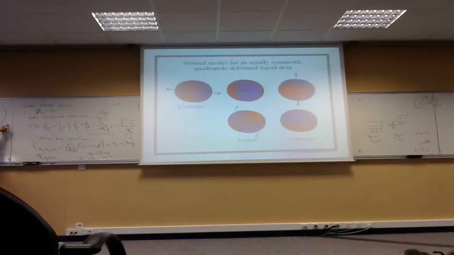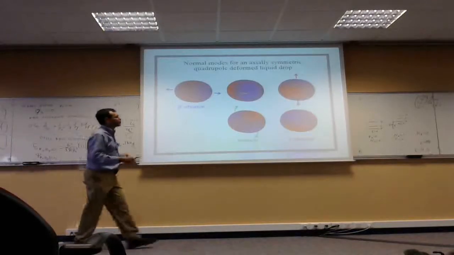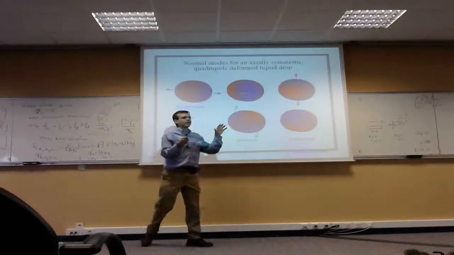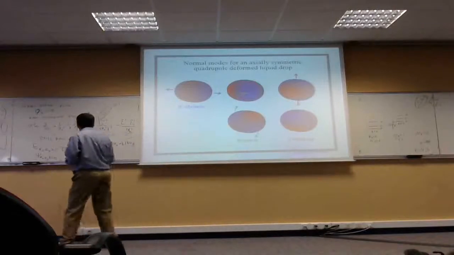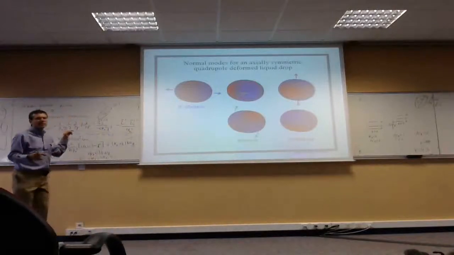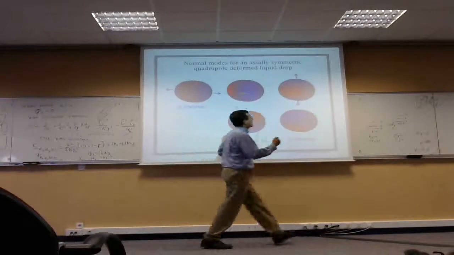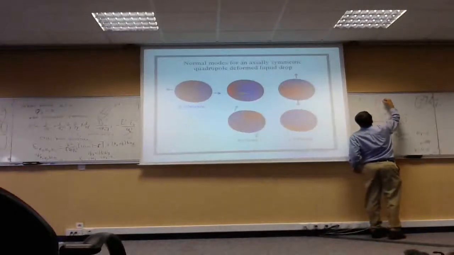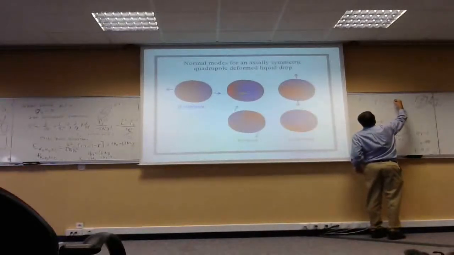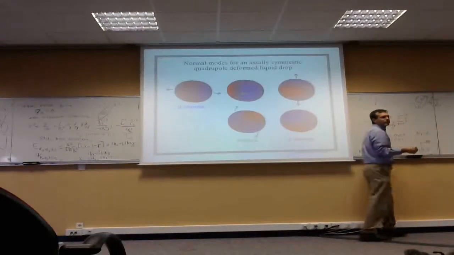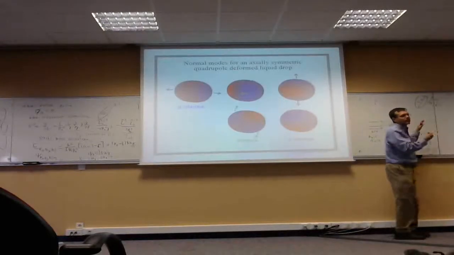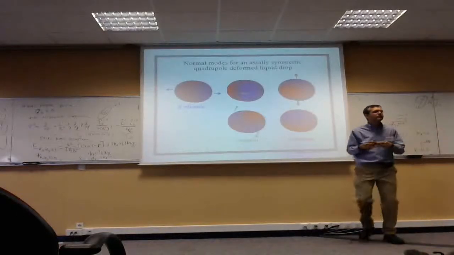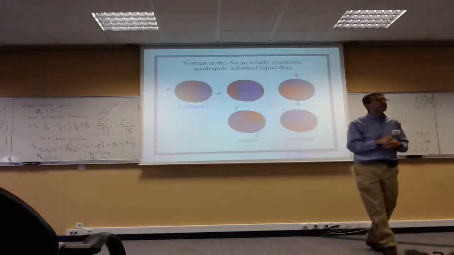If you went to larger oscillations, you would actually include a monopole term correcting. So instead of having a 1, your 1 would have to become a 1 plus alpha 0, 0, basically, to compensate.